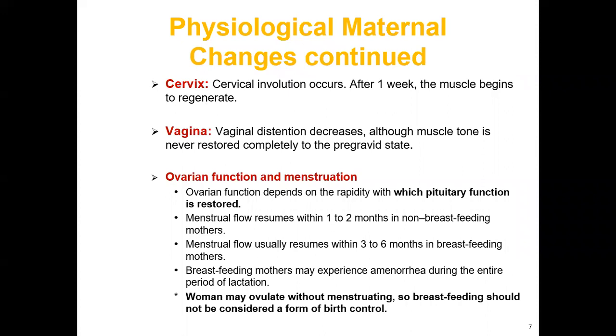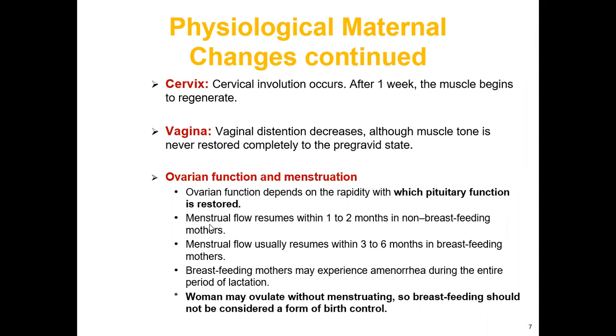Then vaginal distension decreases, although muscle tone is never restored completely to the pre-gravid status. Ovarian function depends on the rapidity with which pituitary function is restored.